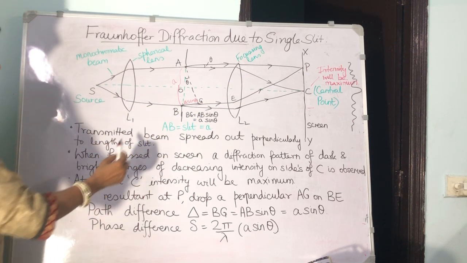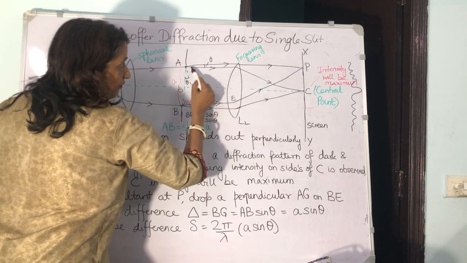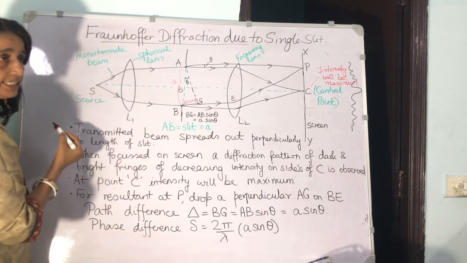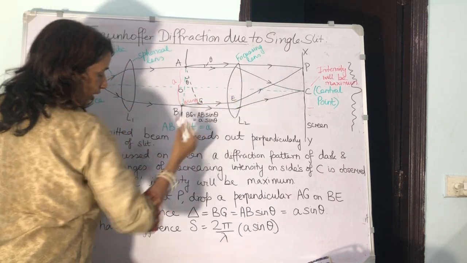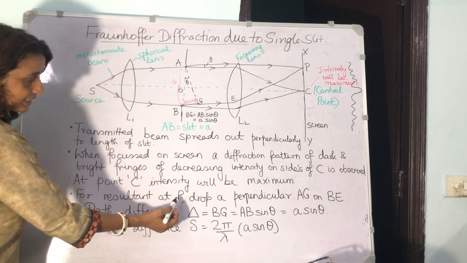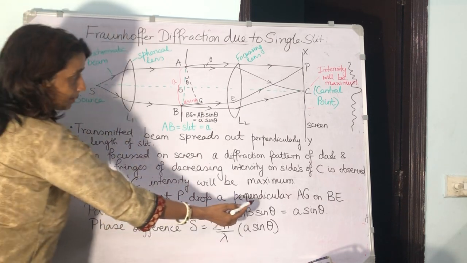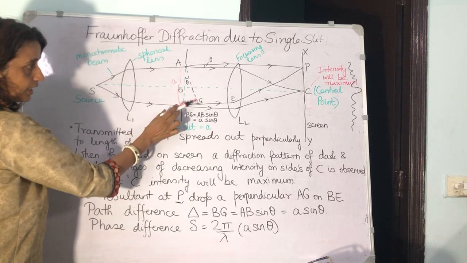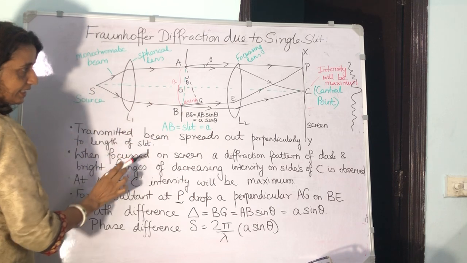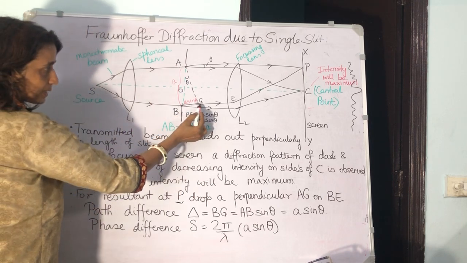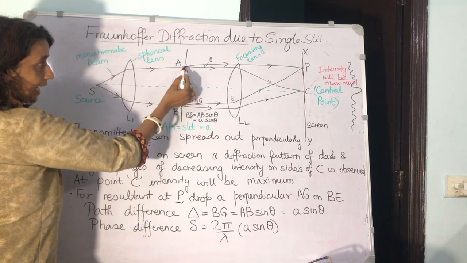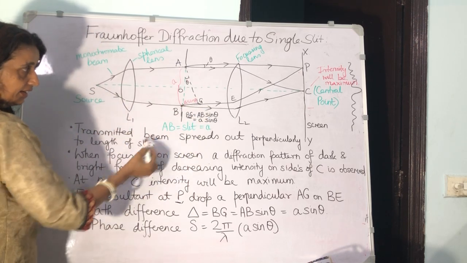Now, for resultant point at P, where all the rays which are getting diffracted at a certain angle theta are getting focused, for the resultant at point P, we drop a perpendicular AG on BE. Using the formula of sine theta, we find that this path difference BG is equal to AB into sine theta.